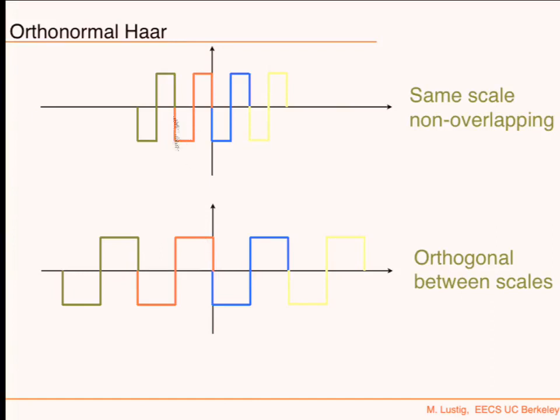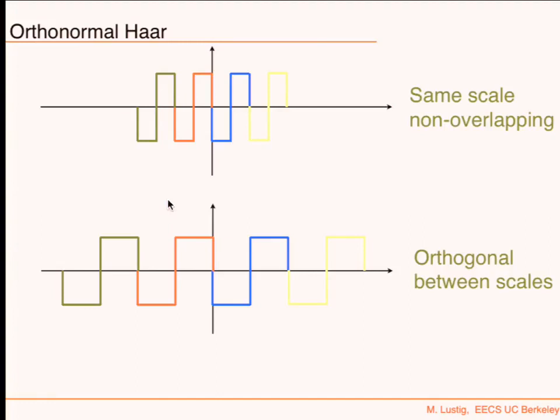I multiply this with this particular function. It only overlaps with this area, but it is positive and negative, so it integrates to 0. So now those functions are orthogonal. Now we've got an orthogonal transform by the fact that we are shifting by non-overlapping amounts, and we're scaling by factors of 2 all the time.